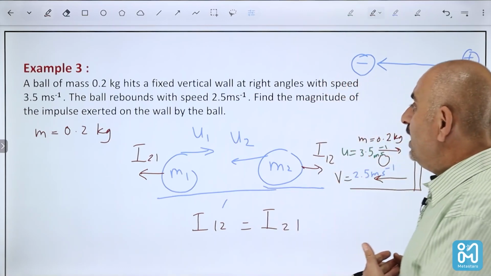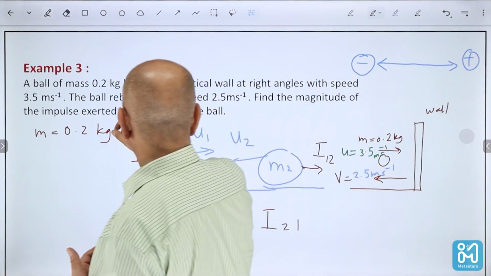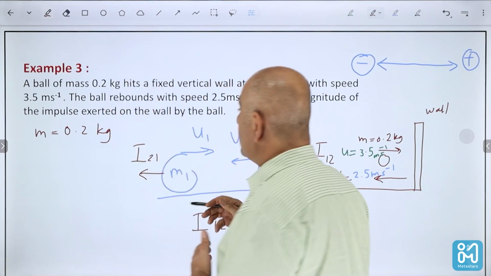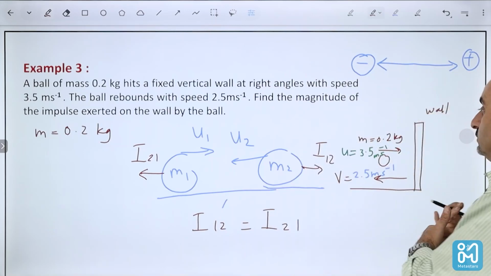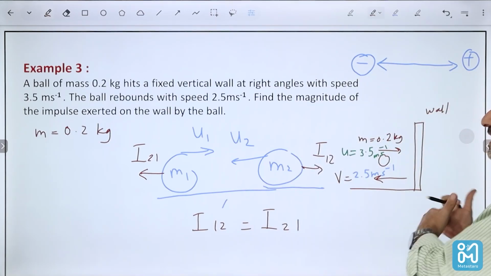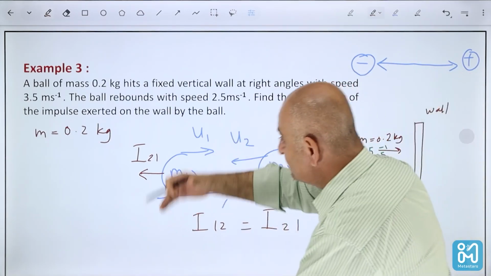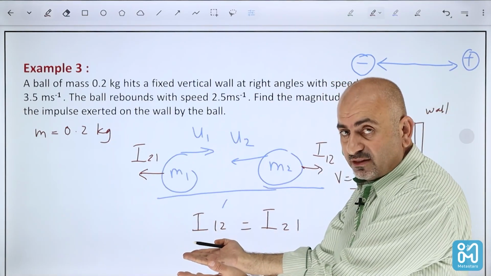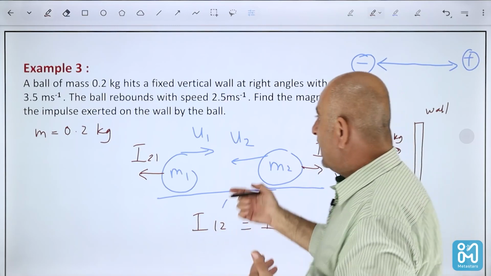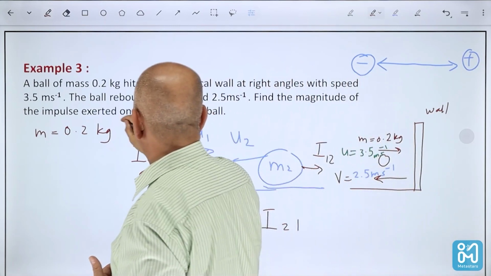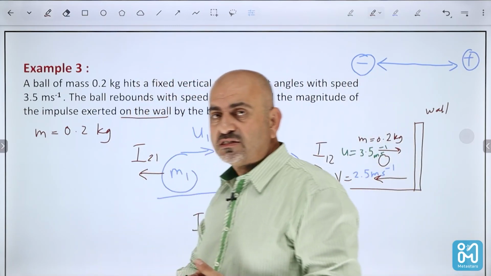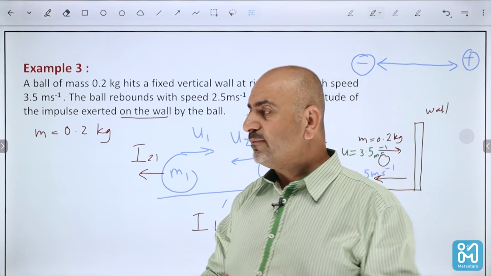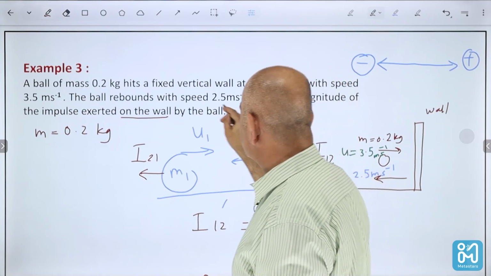Since they have asked us for the impulse exerted on the wall by the ball, that means they need the impulse on the wall. If I calculate the impulse on the ball, it's the same as the impulse on the wall because they are equal, but with opposite directions. I don't have speeds for the wall to calculate its change in momentum, so I'm going to calculate the impulse on the ball.